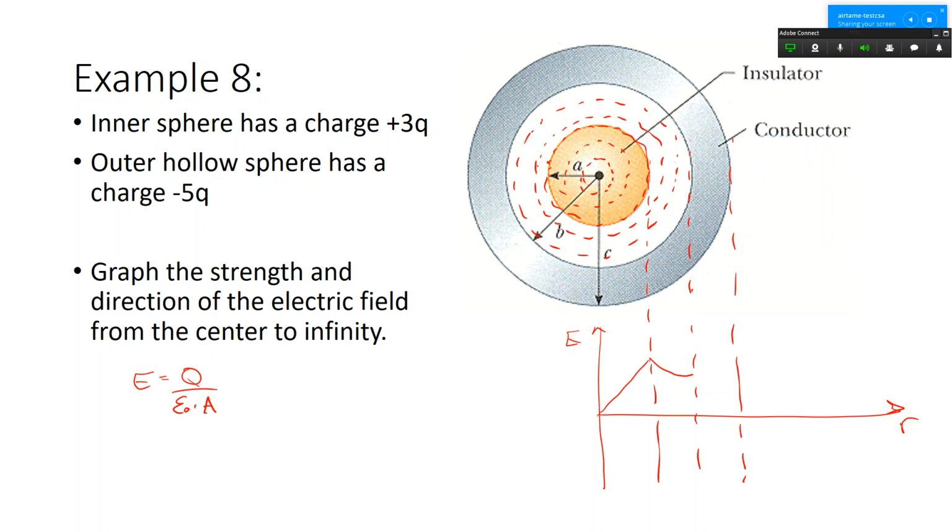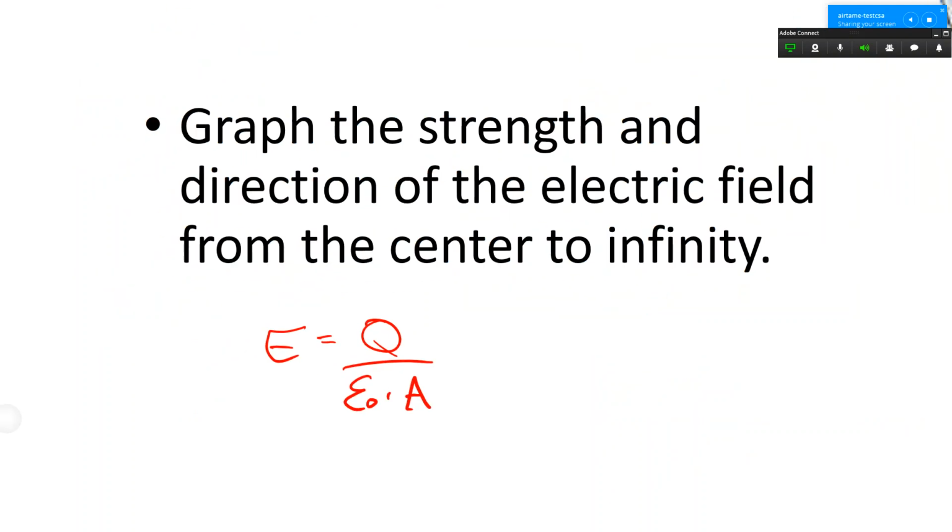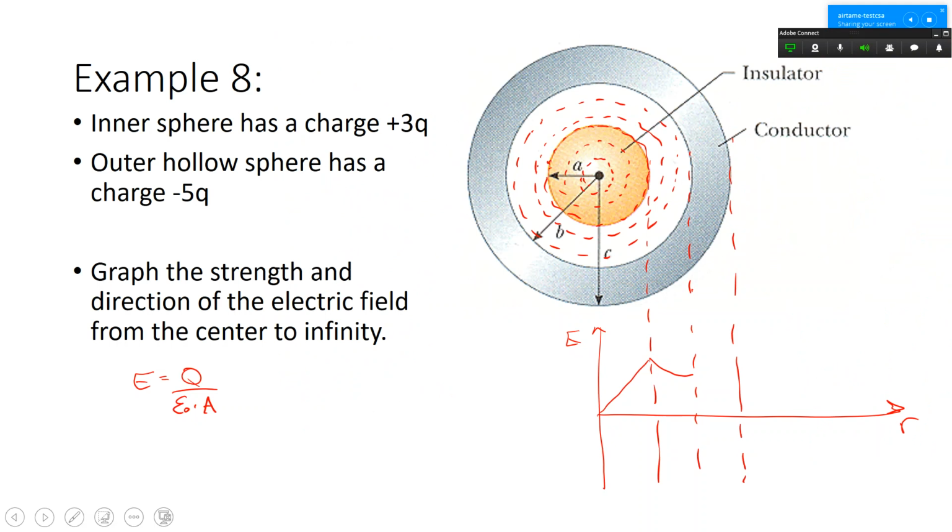If there was no charged sphere on the inside, then all the charges would be on the outer edge. But because there's a plus 3q here, that means there's going to be what charge along the inner edge of this sphere? Minus 3q.